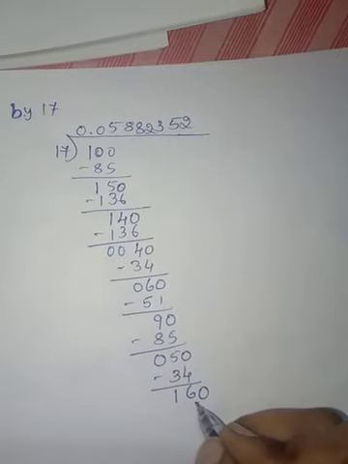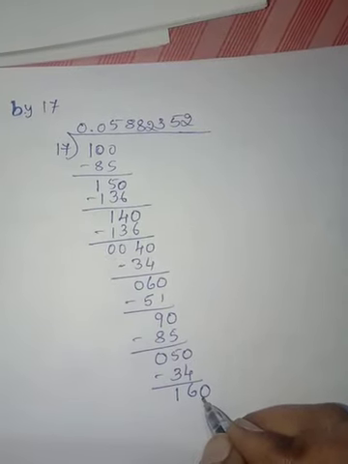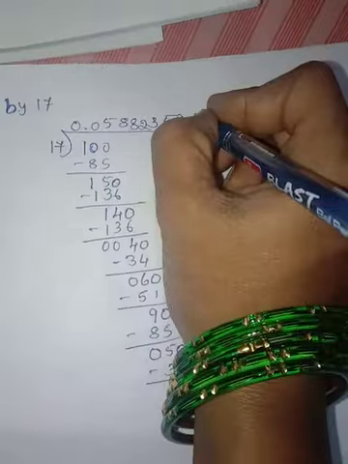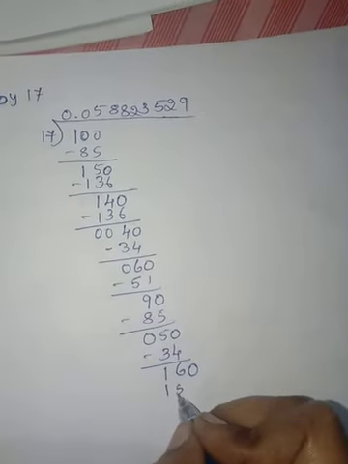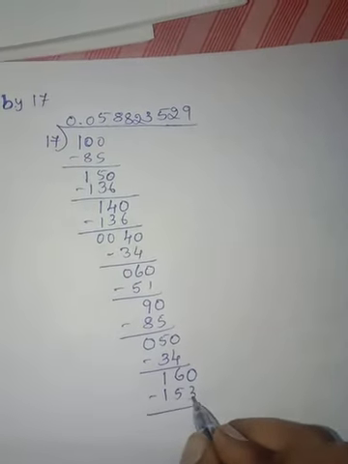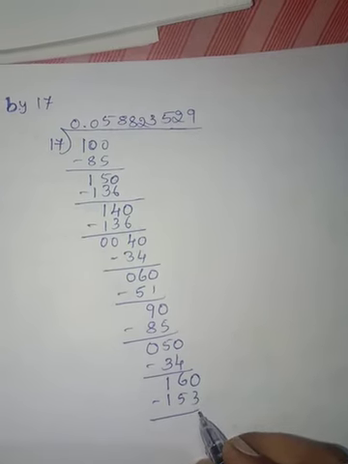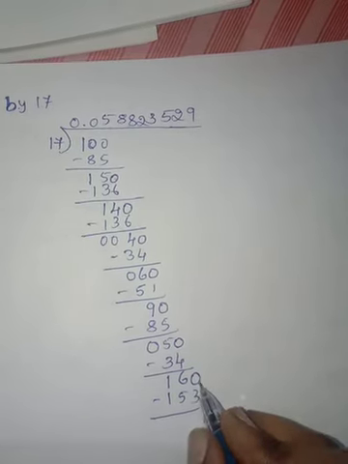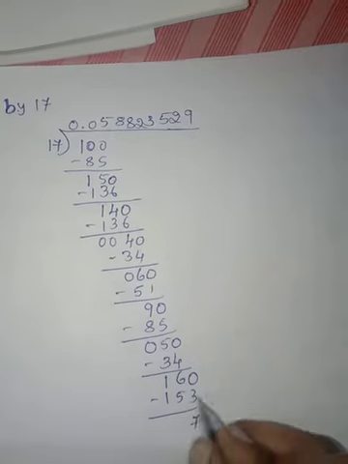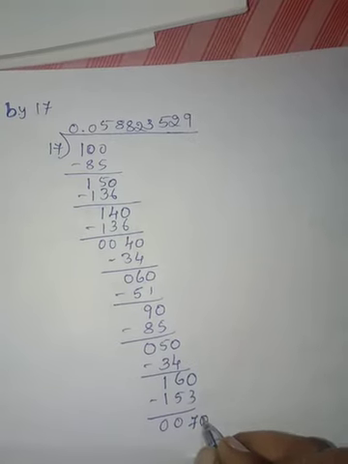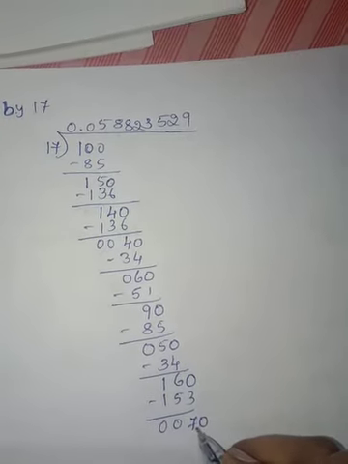That is 160. And then 17 nines are 153. Subtract this, you are going to get 10 minus 3 is 7. I will take again 0. I got 70.